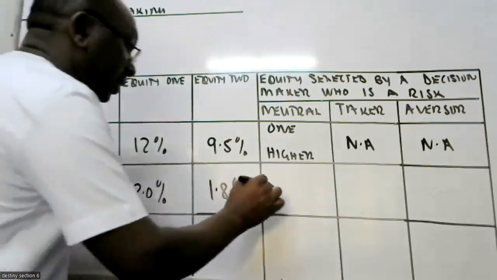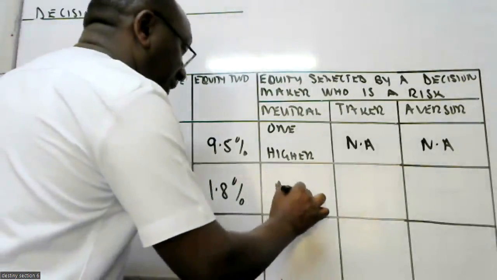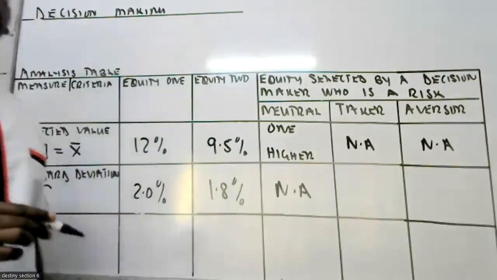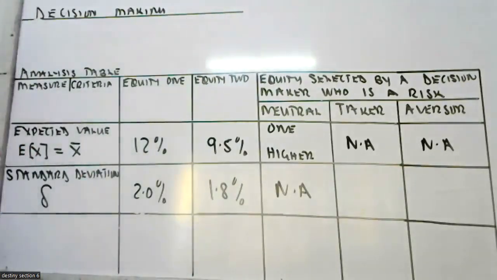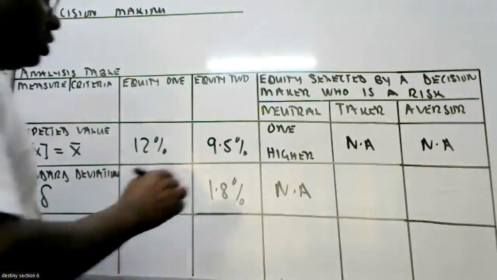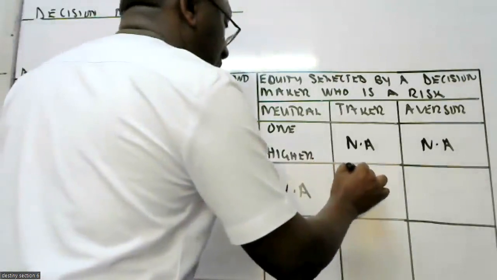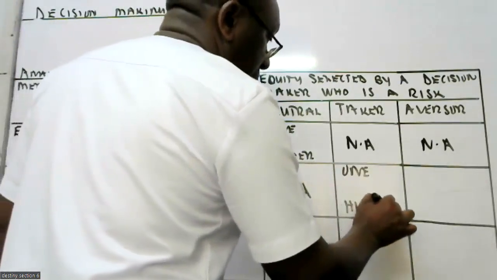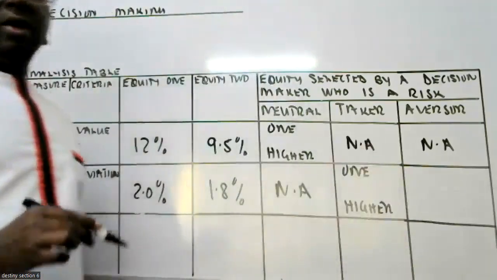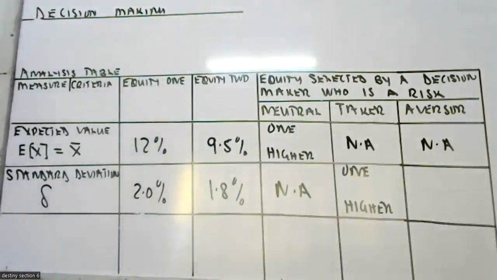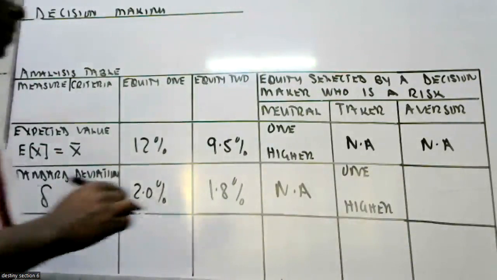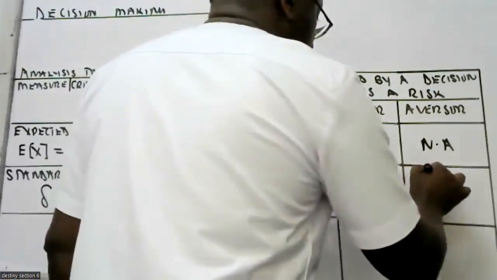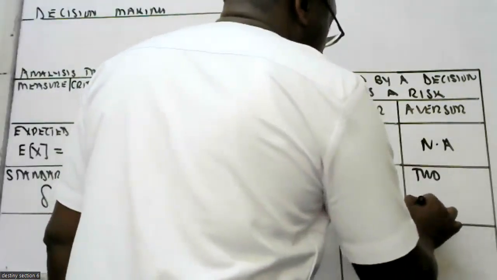So for him, this does not exist, not applicable. But a risk taker computes risk and goes for the higher. So it's going to choose 1 because it is higher. But a risk averse is going to choose 2 because it is lower.